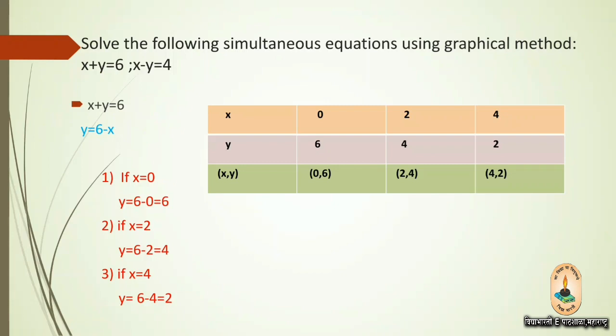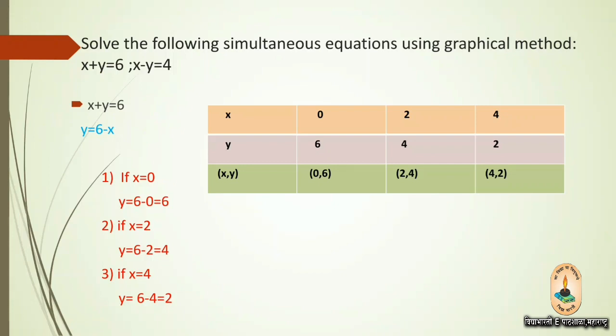Now we write these values of x and y in the form of a table. Observe the table. The first row shows values of x, the second row shows the values of y, and the third row shows the order pair x, y.